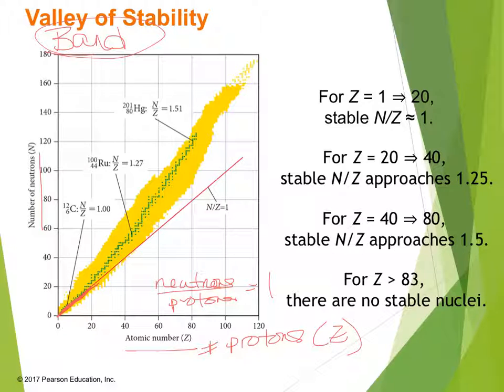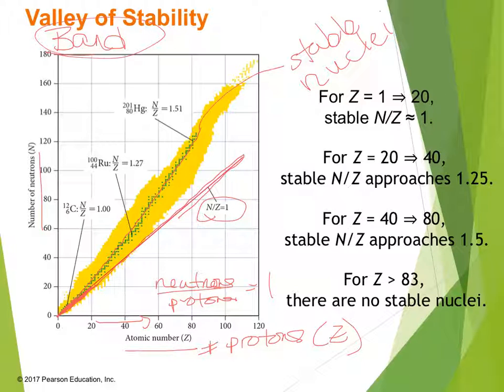They're very stable. When you get above about 20, in order to have a stable nucleus, so this yellow band, especially the green portion, represents stable nuclei. That's the band of stability. Okay? And the neutron to proton ratio of 1 is represented by this red line.